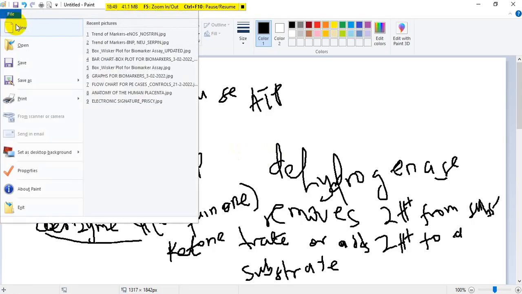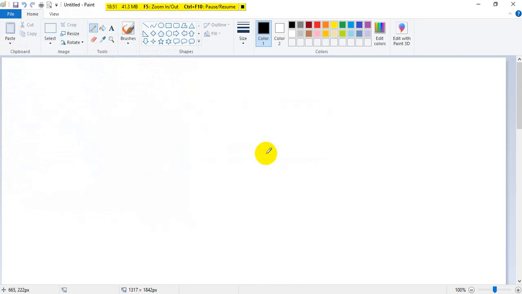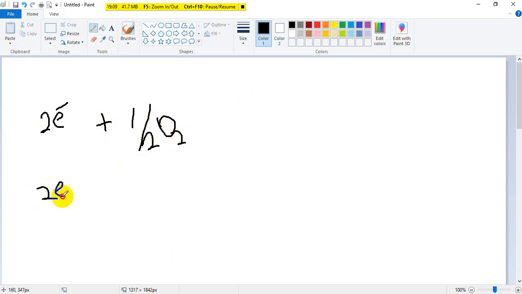So in the electron transport chain, when they ask you what the final electron acceptor is, it's molecular oxygen. It will accept 2 electrons: 2 electrons plus half O2, another 2 electrons plus half O2.